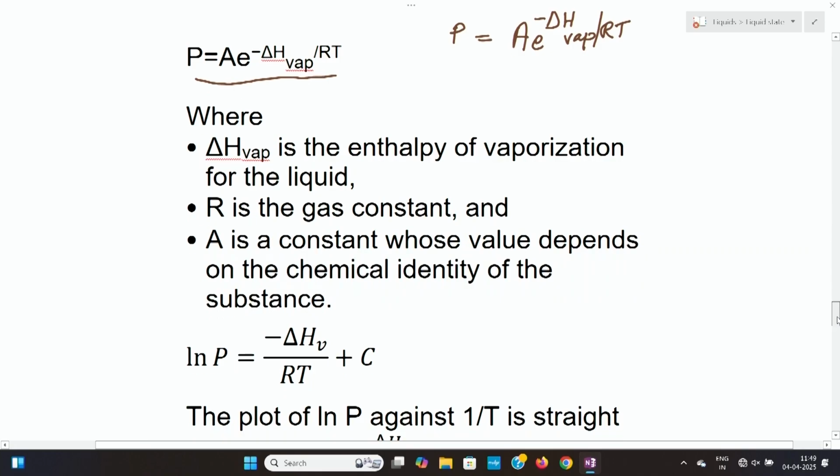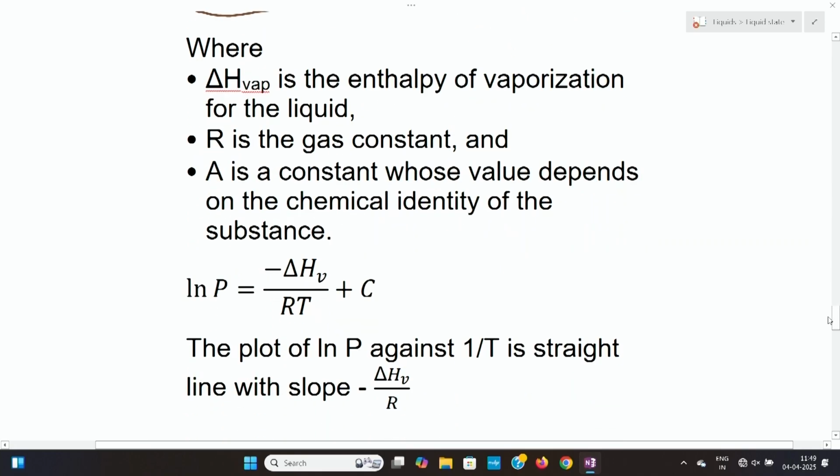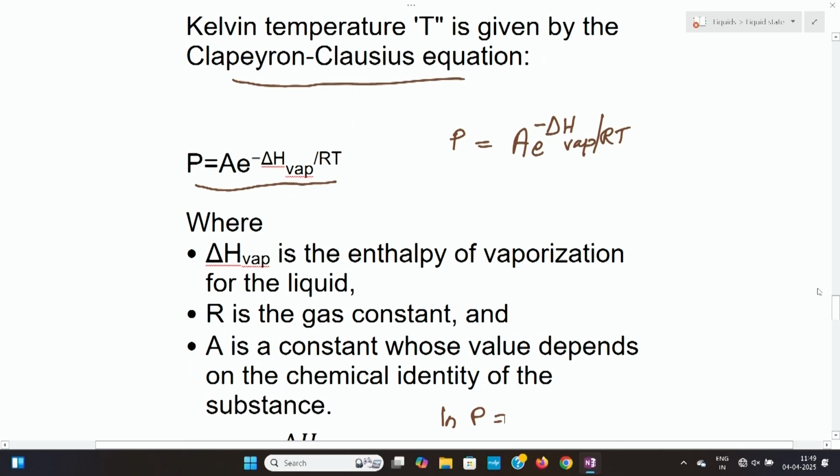This is the Clausius-Clapeyron equation, and if we take the logarithm of this equation, ln P is equal to ln A minus delta H vaporization by RT times ln e.